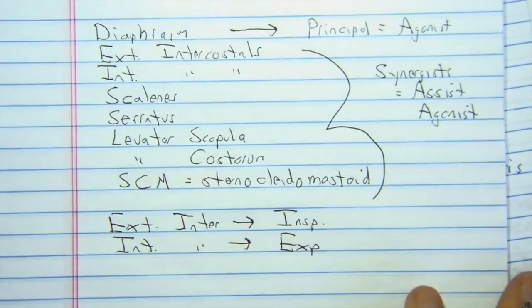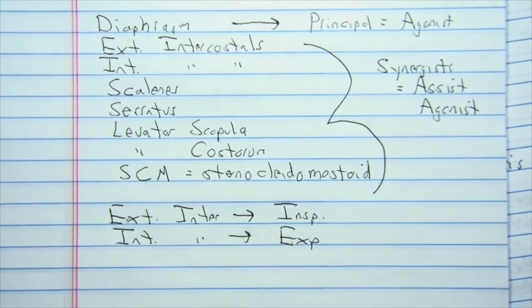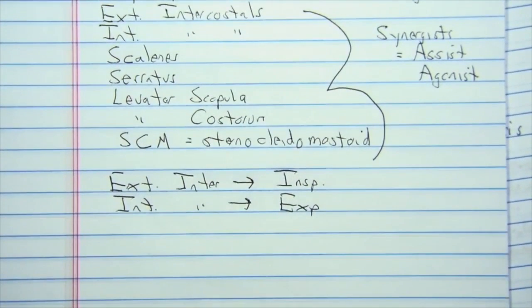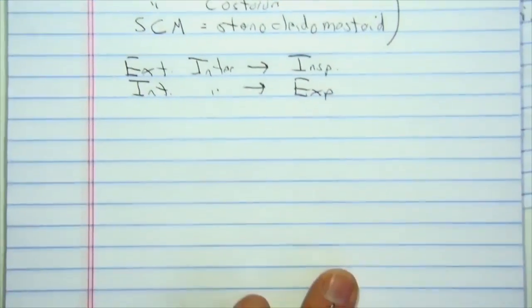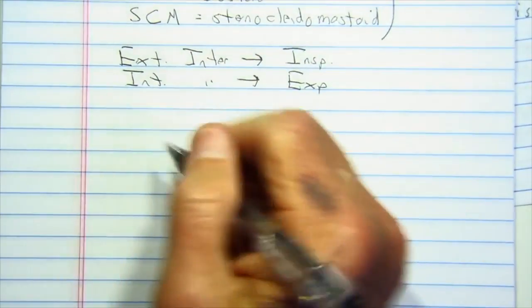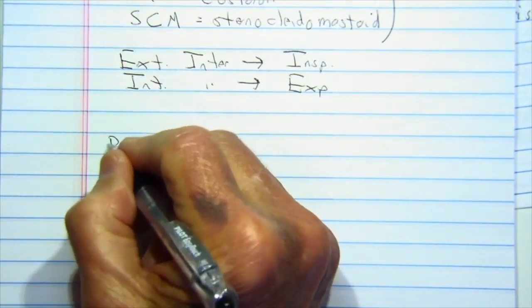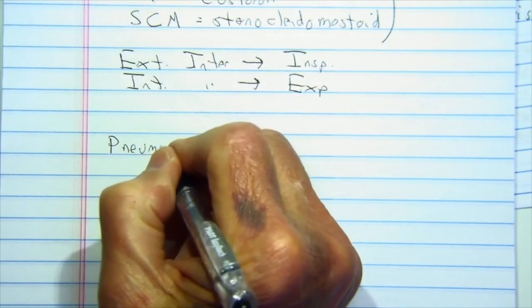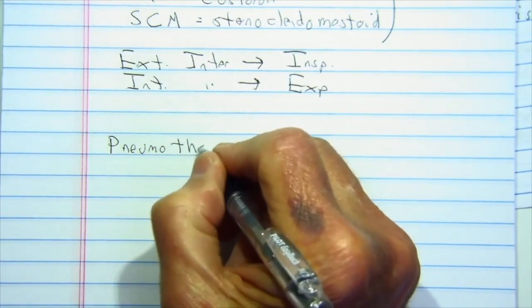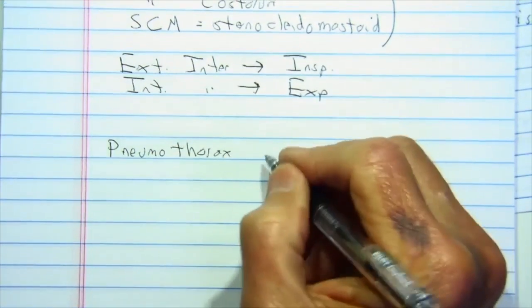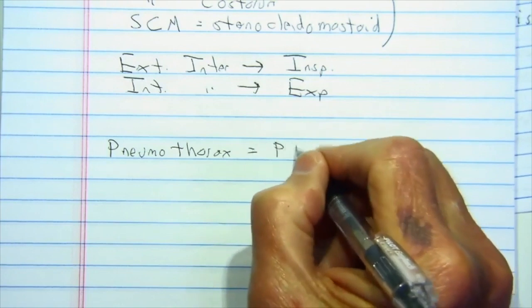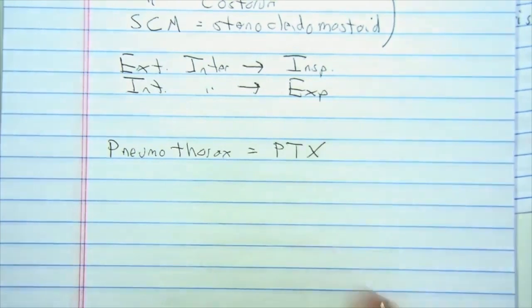All right, so now that we've got those concepts down, the next thing we want to think about is what happens when we get some type of trauma or injury. So now we want to think of a couple of terms. Well, we know that there's this term called a pneumothorax, and that uses the acronym PTX.